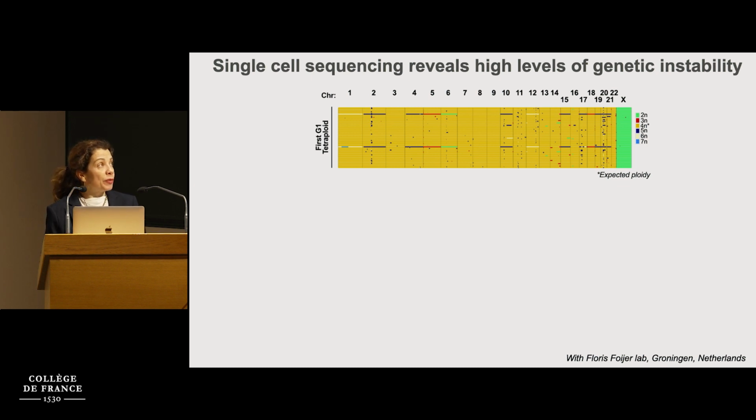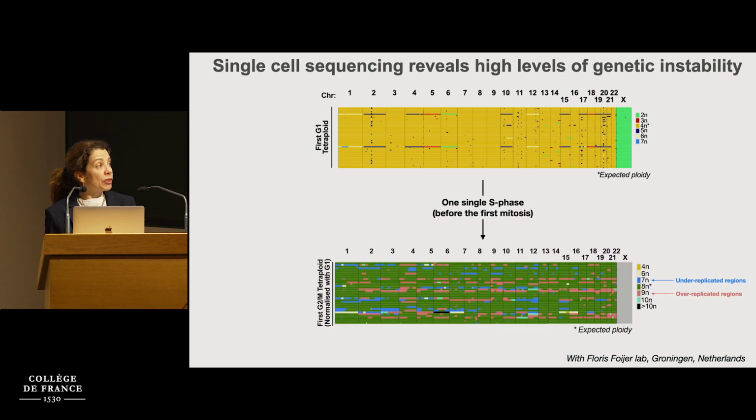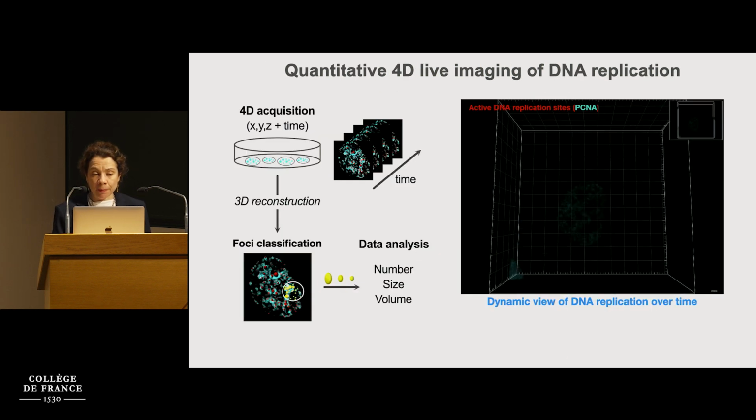And if we now look at cells that have been through S phase, are in G2 just before going to mitosis, most of them are green. Again, karyotype expected, 8N, but you can see there are large regions that are under or over duplicated, really showing us that just one S phase was sufficient to generate these errors in DNA replication.